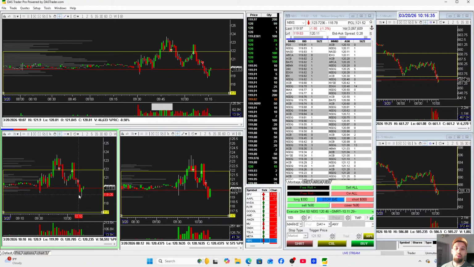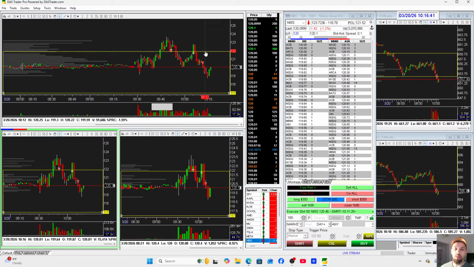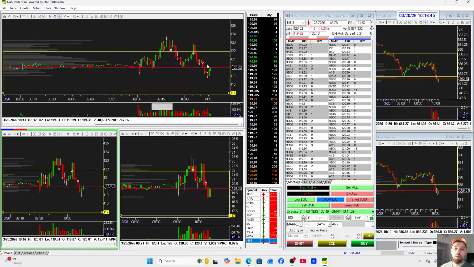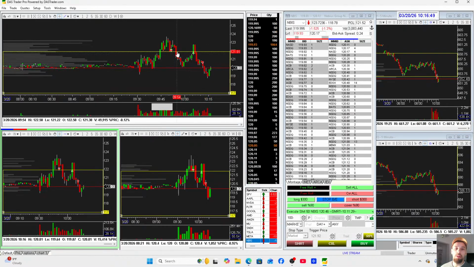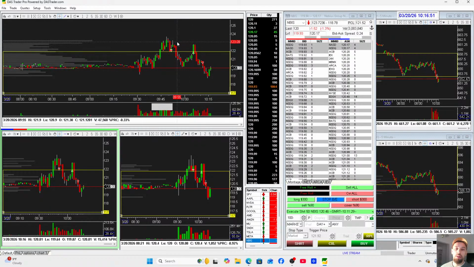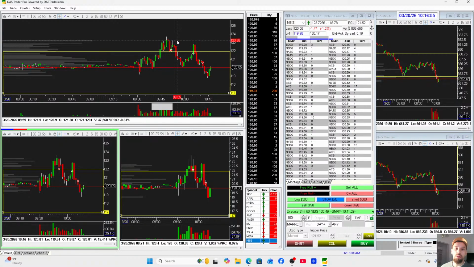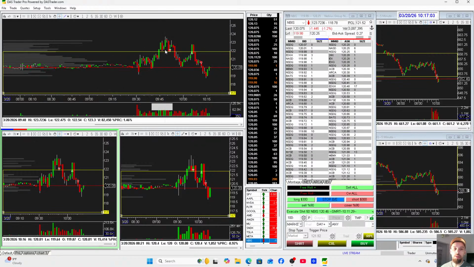Or do I hold my position, accept the risk, and run the risk of it stopping me out, which my stop would be somewhere up there. So risking about $150 there. Before I was risking 121.8, a little over $200, but the risk to reward up here was so much better.